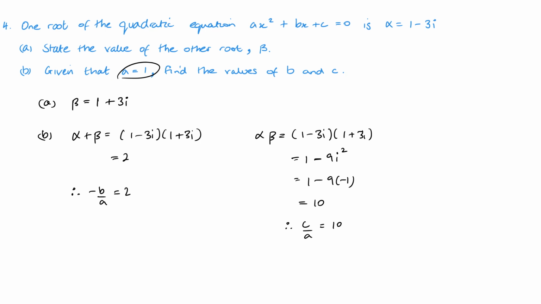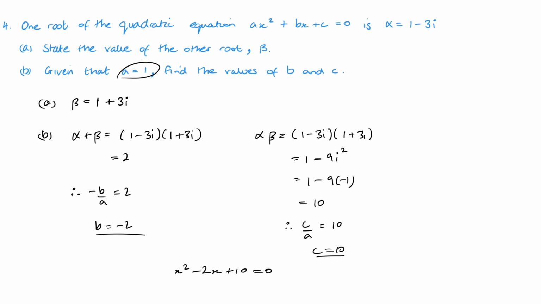But in this case, a is 1, so we know that b is minus 2 and c is 10. So here we have x squared minus 2x plus 10 equals 0. Hopefully easy enough. Worth noting that by saying that a equals 1, there is only one possible answer.